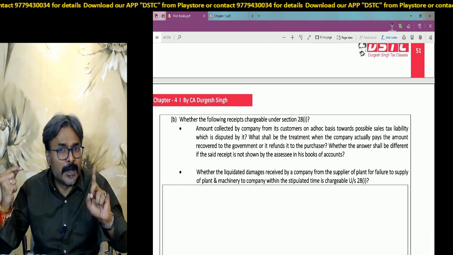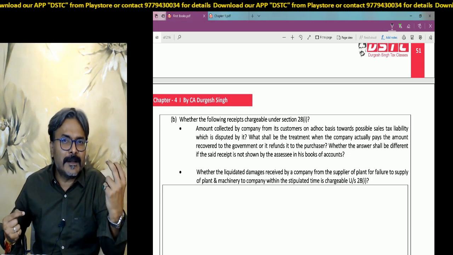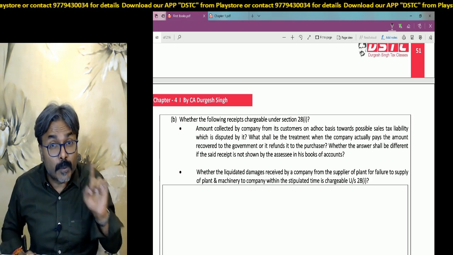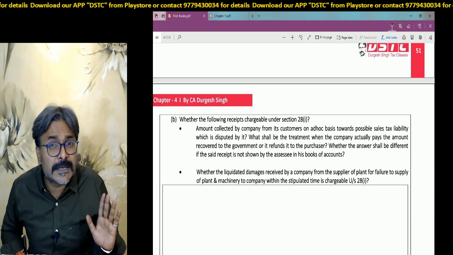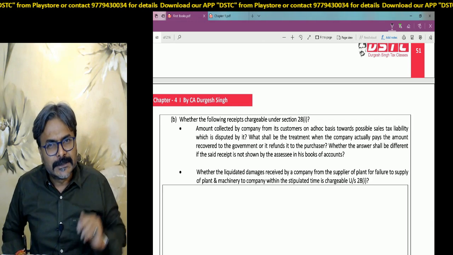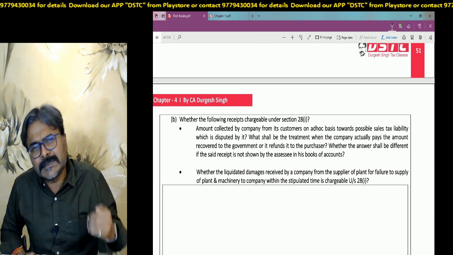Please be careful. When we discuss the concept, whether it is chargeable or not, for that point number 1 and 2. What is that point number 1 and 2? The revenue receipt plus the specified capital receipt. Number 2 is that that particular amount should also fall within the scope of section 5.